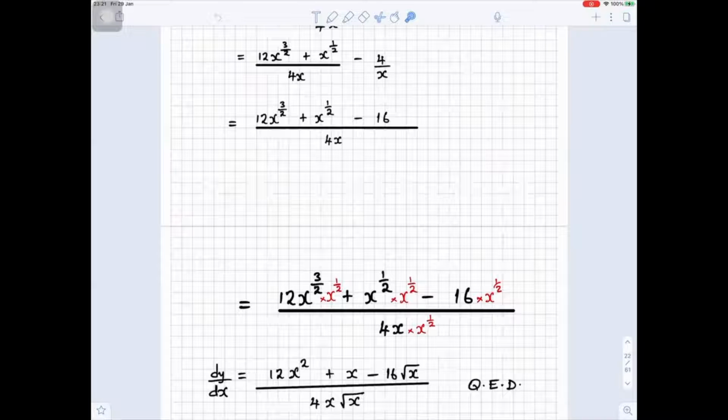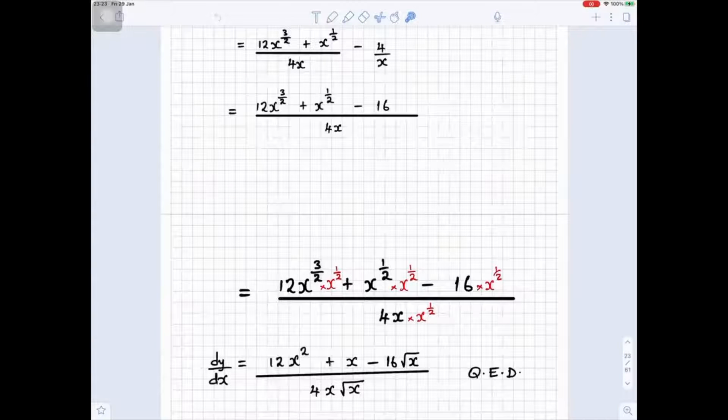So what we're going to do is, when we multiply x to the half times x to the half, half plus half gives you 1. 16 times x to the half, we can just write as 16 times square root of x. And 4x times x to the half gives you 4x to the 3 over 2, or you can just write 4x and then x to the half.